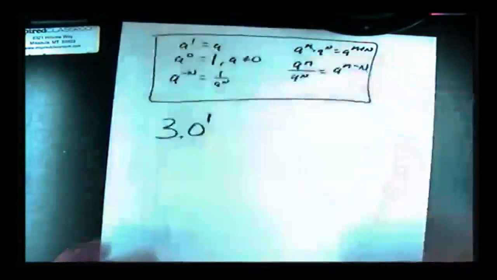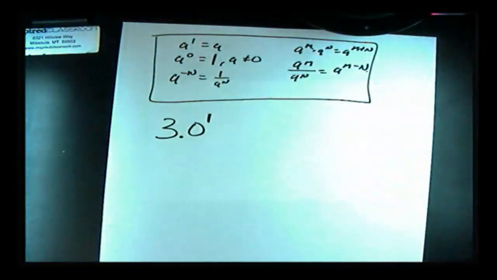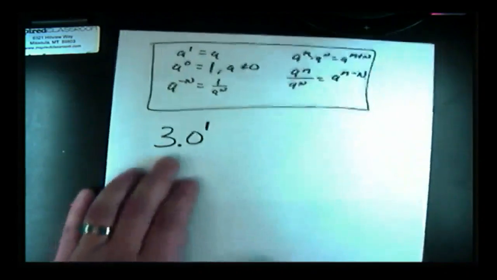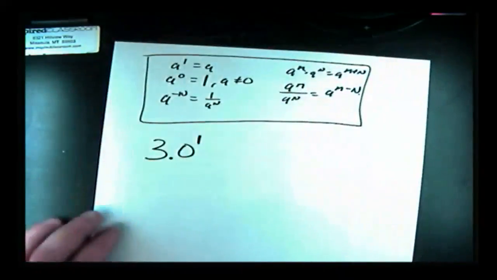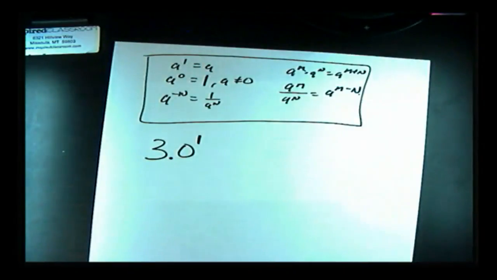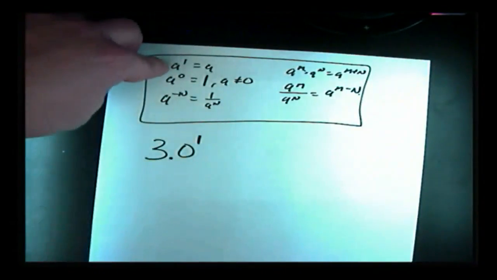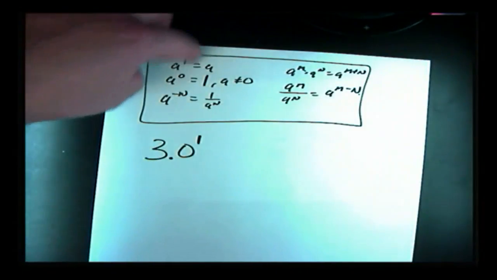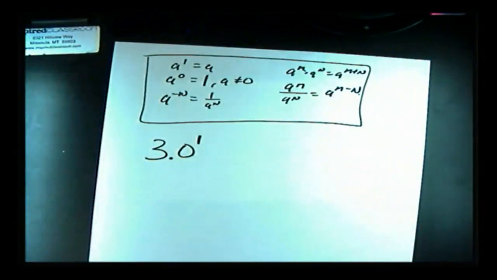It can also be represented as 3.0 to the first power. Depending on what you're trying to calculate, you may need to recognize what power is on a number. If it's not shown, then it's automatically 1. So a, being any number to the first power, is just that number.